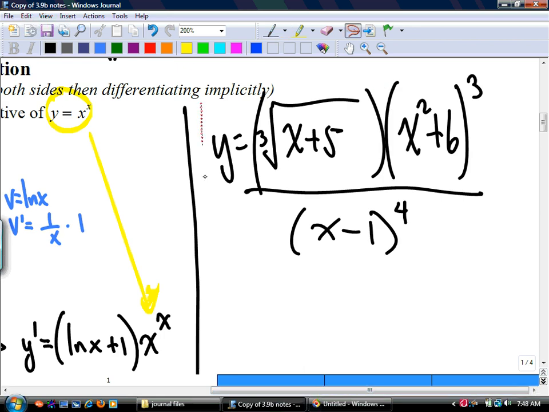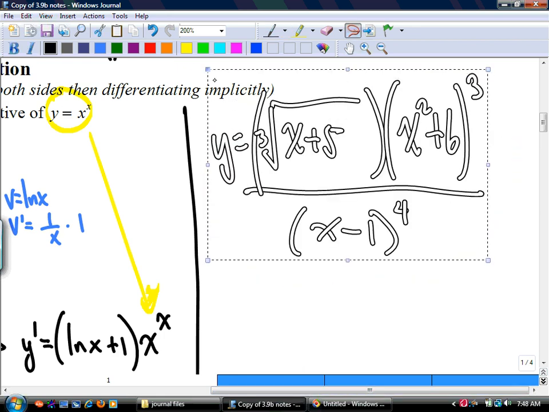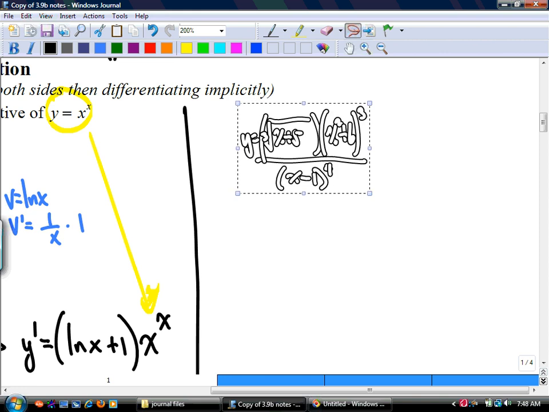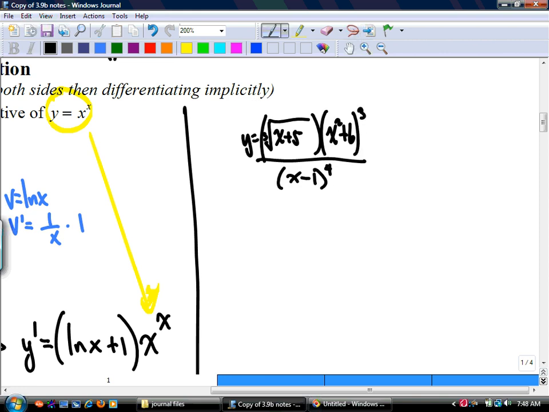the process is exactly the same. What you need to do is to just ln everything right away. So you get ln y equals ln, now watch, I'm going to use my log rules, and this is why we talked about them.